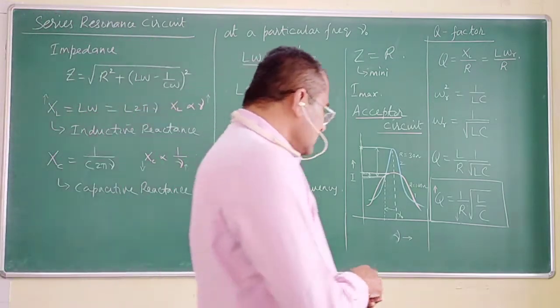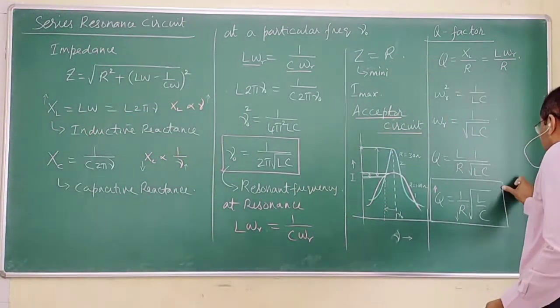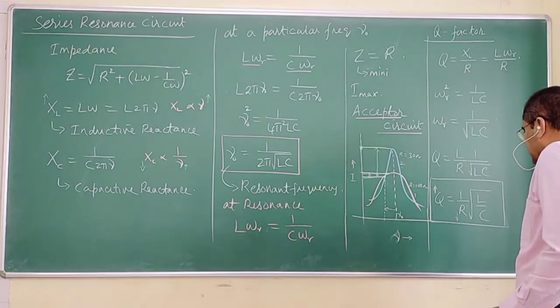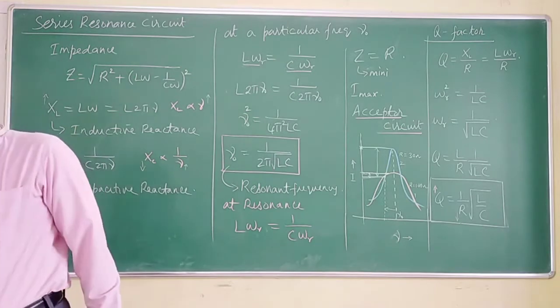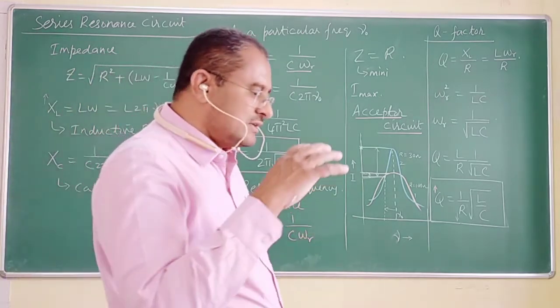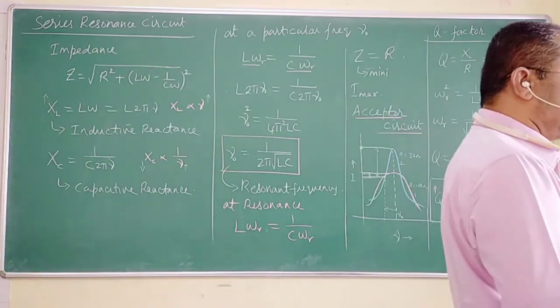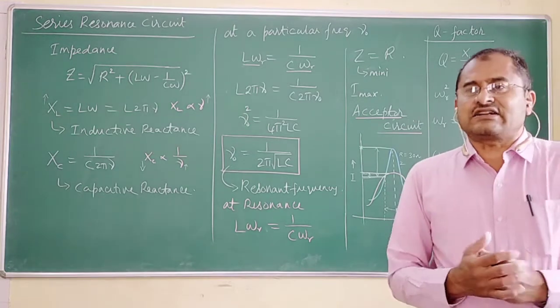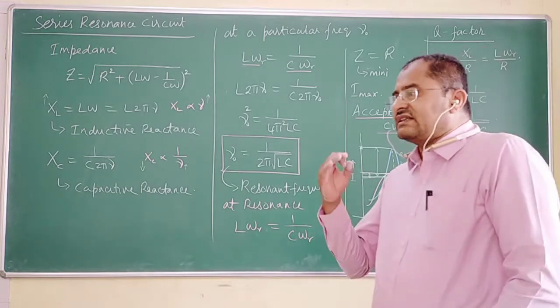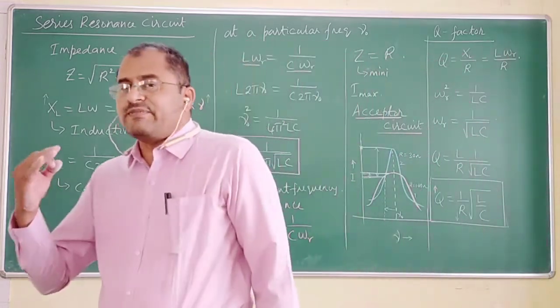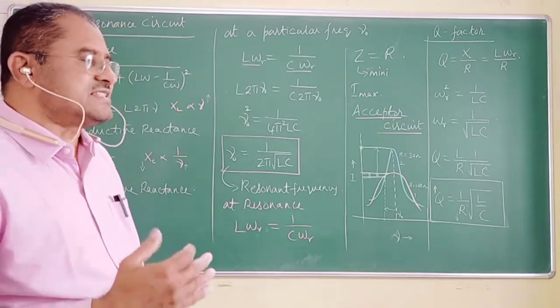This expression clearly tells us that the sharpness of resonance of an LCR circuit depends on the resistance of the circuit. Therefore, if the LCR circuit uses a minimum value of resistance, then the sharpness of resonance will be very high.